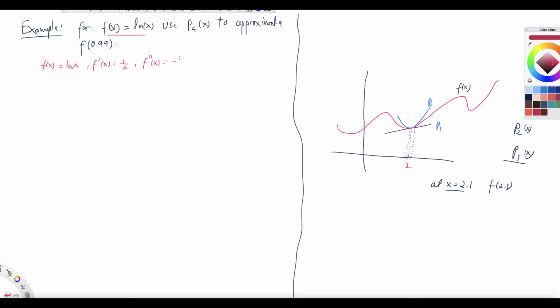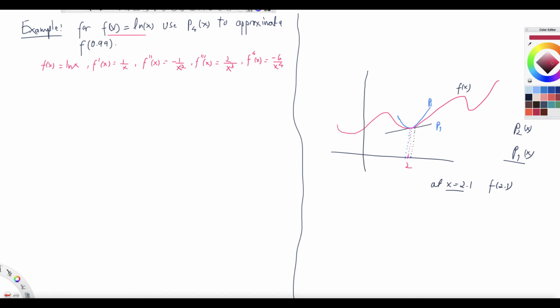That is negative 1 over x squared, because if you move this to the top, you get x to the negative 1, and then you use the power rule. F triple prime of x is 2 over x cubed, and the fourth derivative of x is negative 6 over x to the fourth. That's what you get.